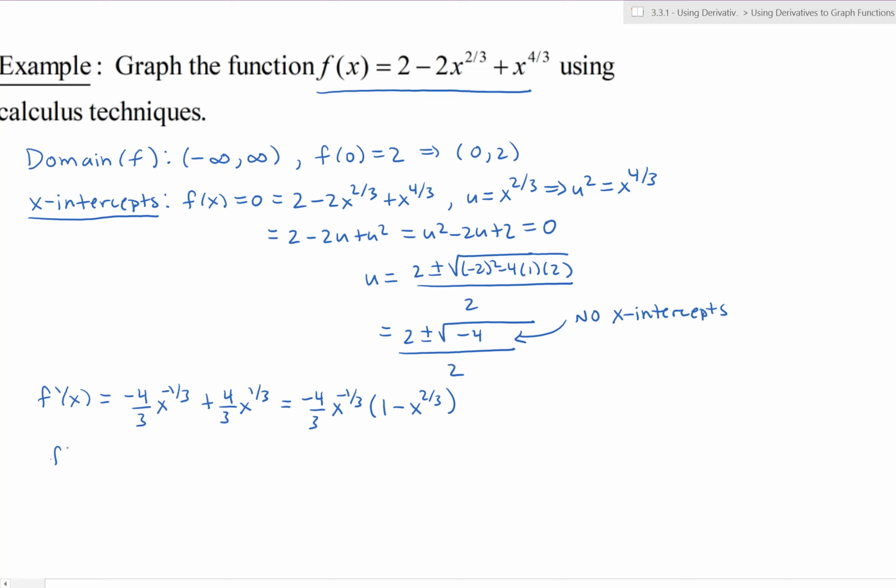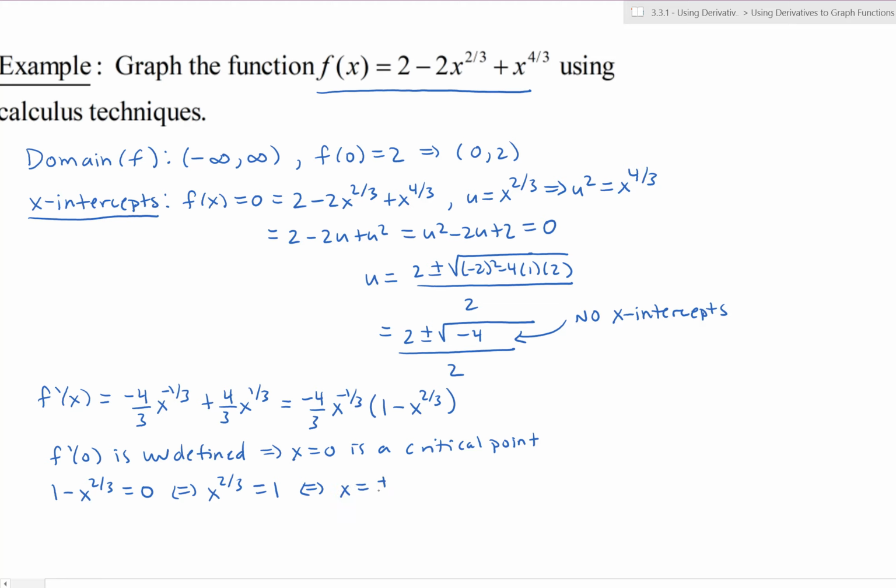Notice that f prime of 0 is undefined, right? Because of that x^(-1/3) in front. We'd be dividing by 0, and hence x equals 0 is a critical point, right? And moreover, notice that 1 minus x^(2/3), if we set that equal to 0, then that's the same thing as saying x^(2/3) is equal to 1, or equivalently, x can be plus or minus 1.